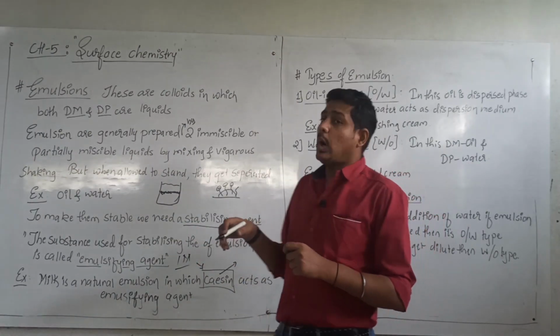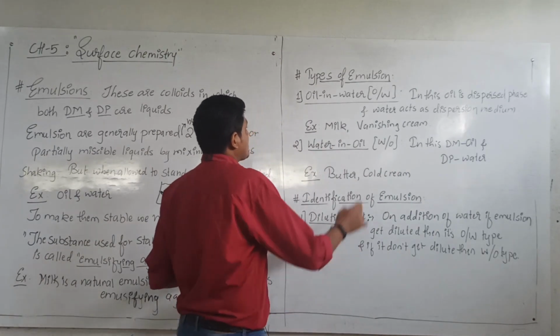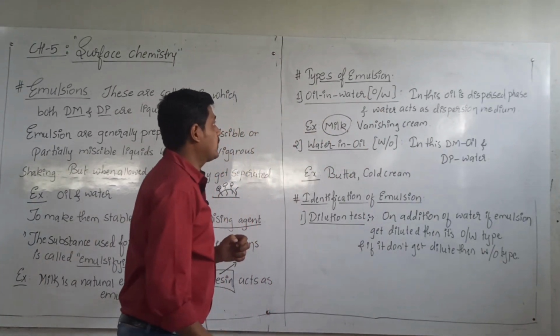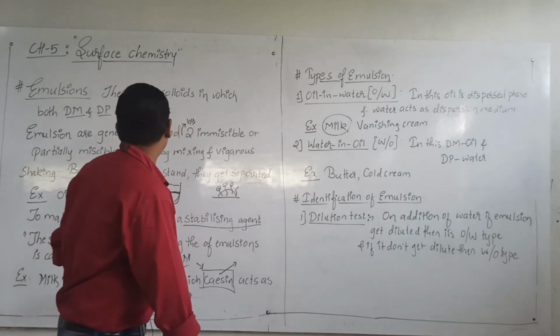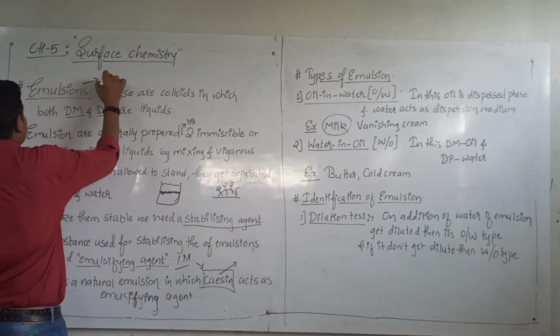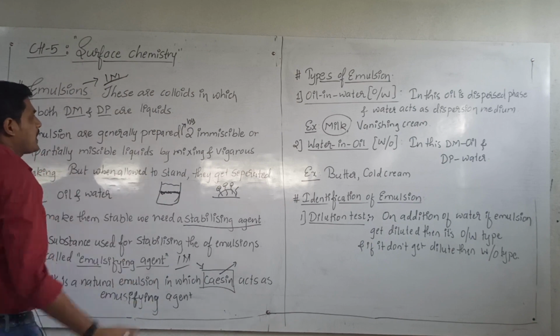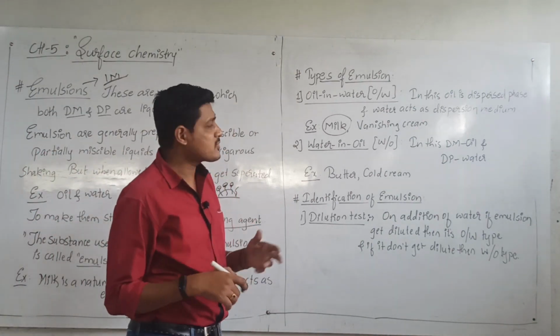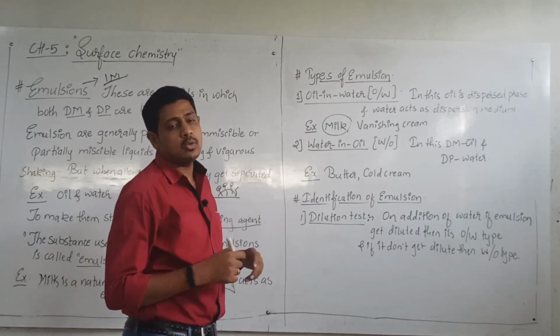They might ask for a definition, or directly ask you to give an example for oil in water, or what oil in water emulsions are. So from the emulsion part you can expect 1 mark questions, not 2 marks questions. If a 2 marks question comes, consider yourself very lucky, because it is very easy to understand and very easy to represent also.